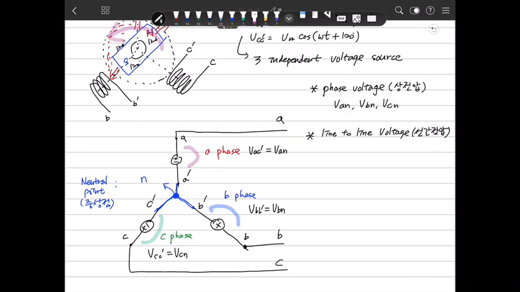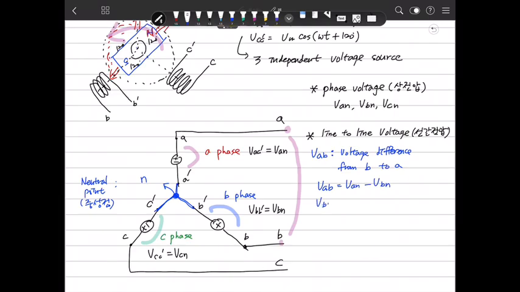Why we call this line to line? Because I want to know the voltage between this terminal and this terminal voltage here. So this voltage is VAB, means voltage difference from B to A. Therefore, VAB is a VAN minus VBN.